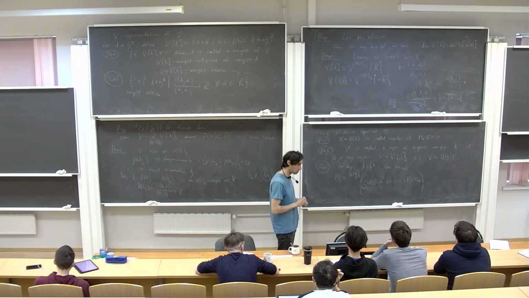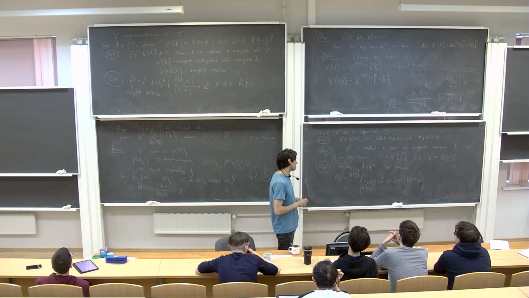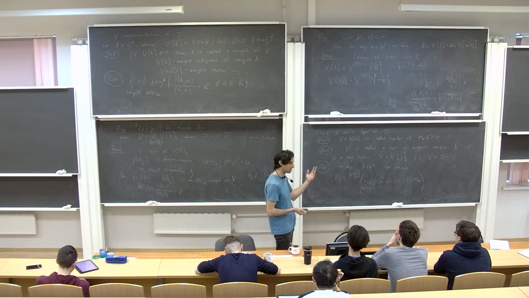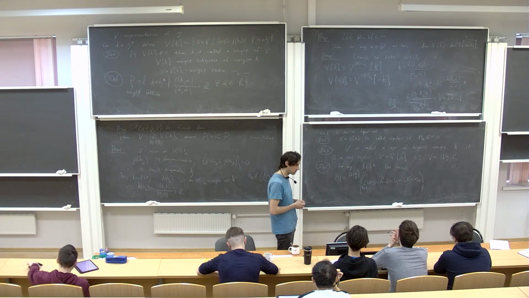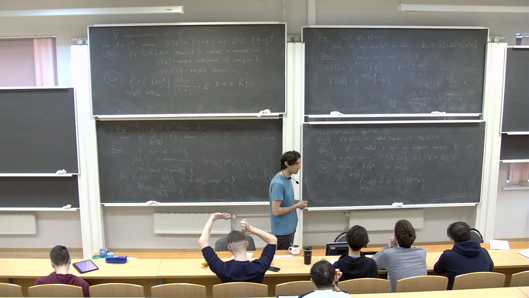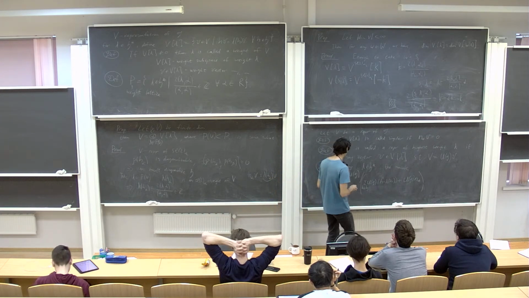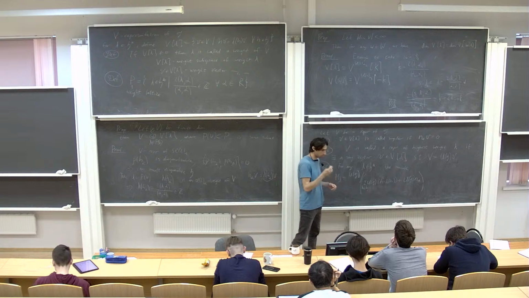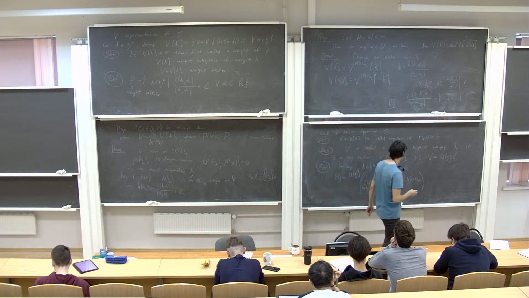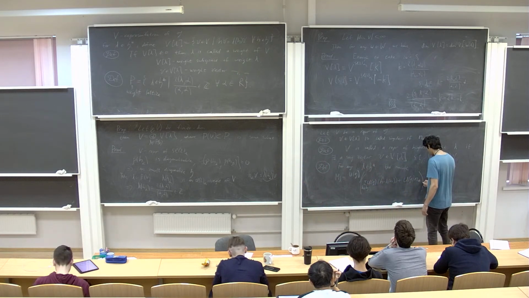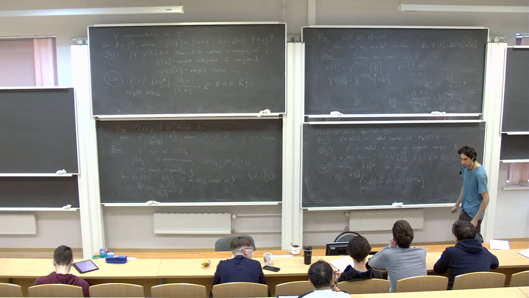G is an element in U of G. Well, any associative algebra has a regular representation. So this is a regular representation of U of G. Yes. So lambda is a representation of U of G, right?